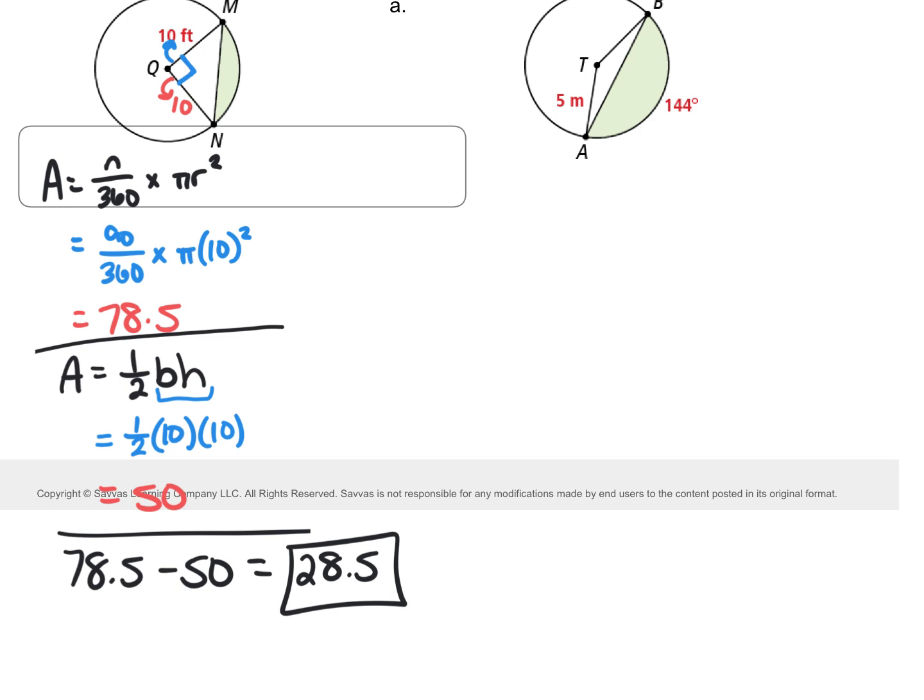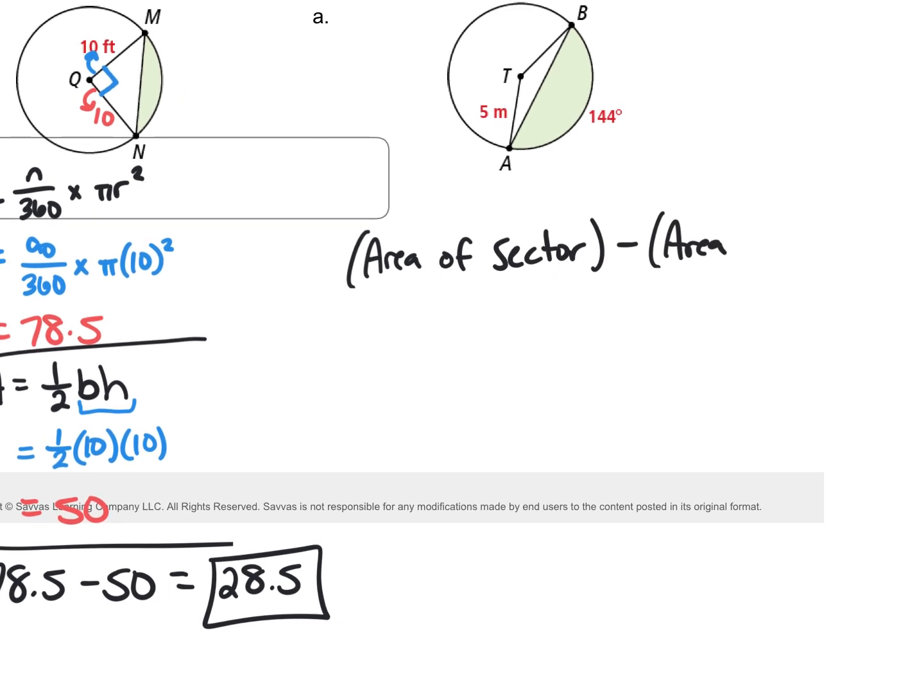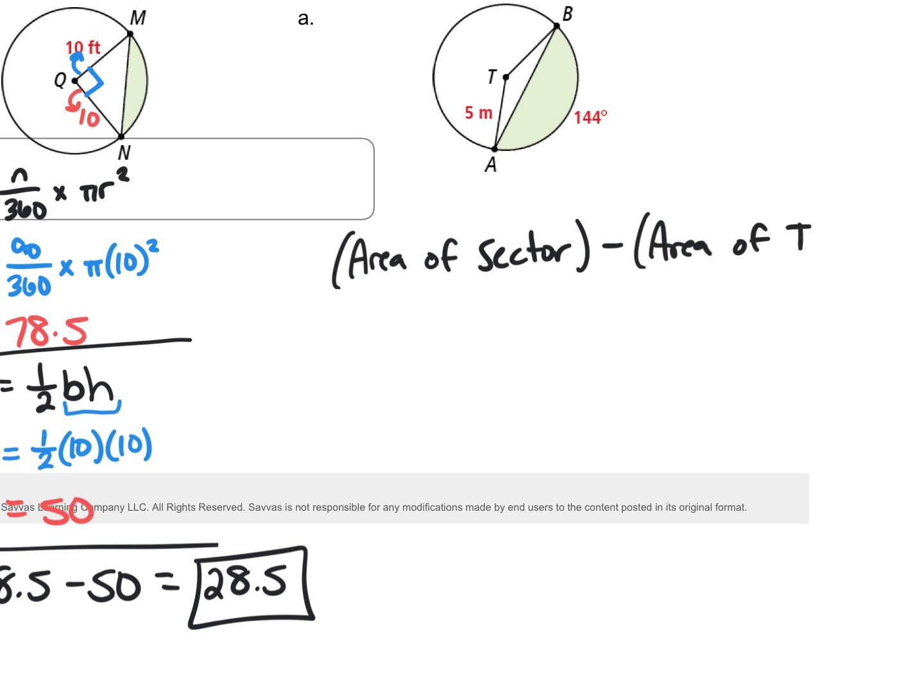Okay. So I'm going to give you a formula just so you have it to look back on, to remember what we did there. Go ahead and write this off to the side of example 5. So what you ended up doing is you took area of the sector minus the area of the triangle.